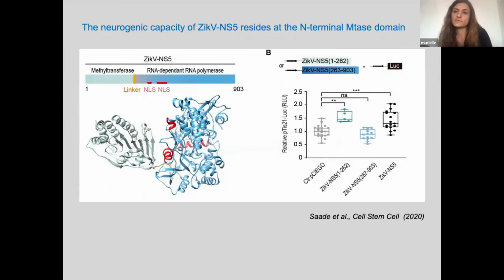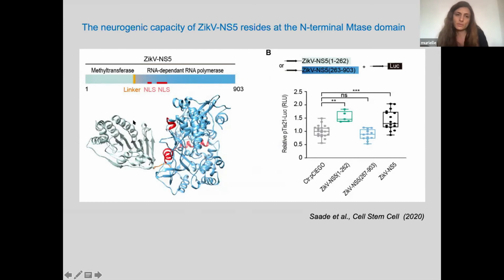The ZIKV NS5 is actually composed of two important domains. We have the RNA-dependent RNA polymerase domain that is important for the replication of the virus. And the methyltransferase domain is important for the 5' capping of the messenger for its translation to protein, and also for protecting the messenger against the innate immune system of the infected host.